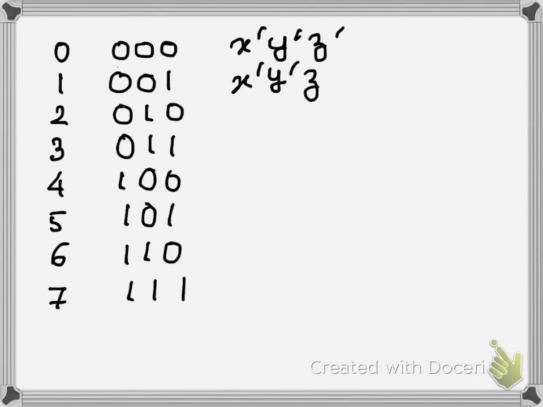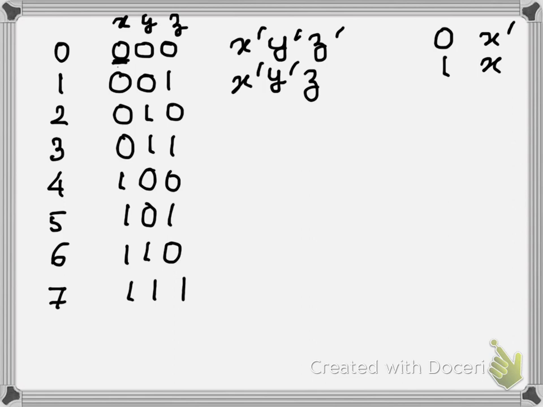Can you notice a pattern here? This bit is for x, this is for y and this is for z; we write it in this order. If the value for x is 0, then I write it as x prime, and if it is 1, I write it as x. The same goes for y as well as for z.